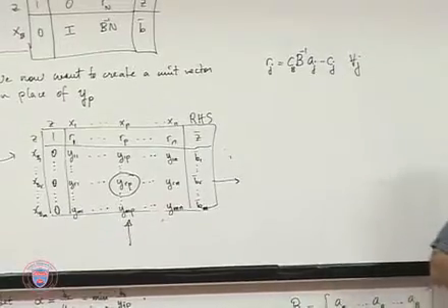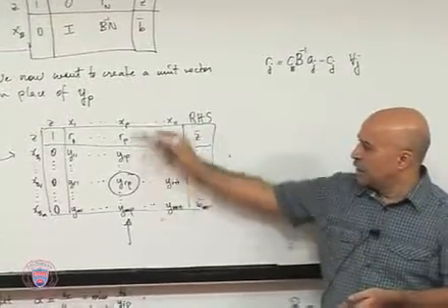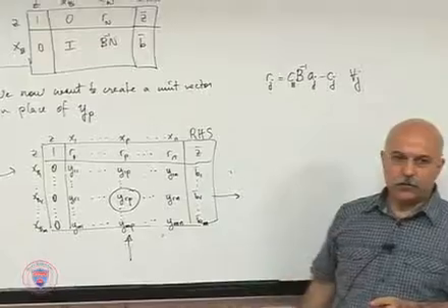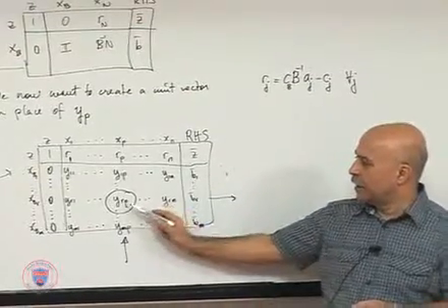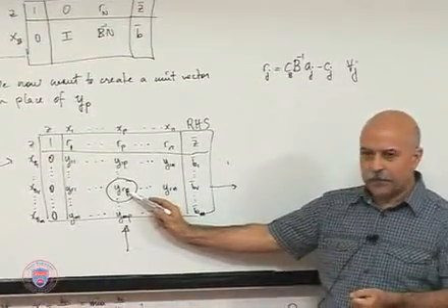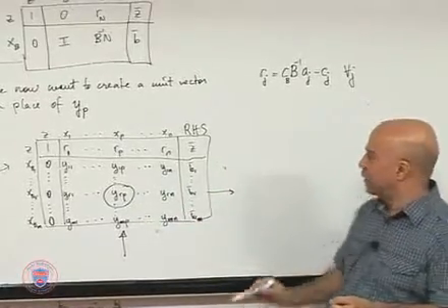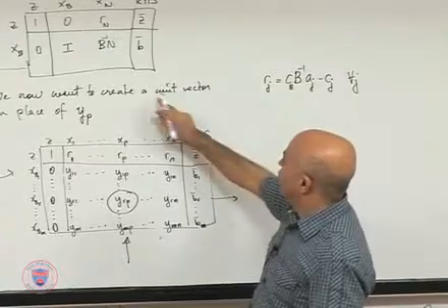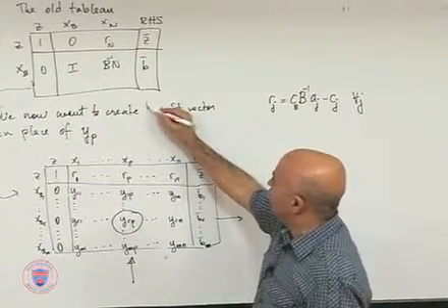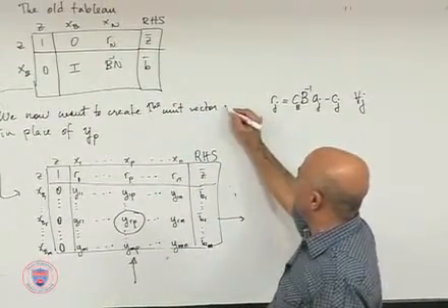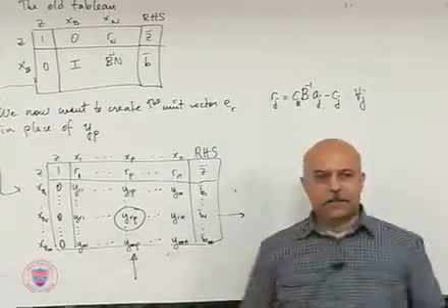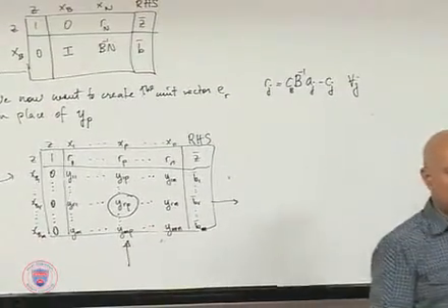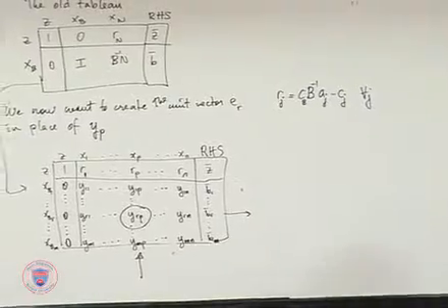So you want to create a unit vector here. Which unit vector? The one that has a 1 in the rth position and zeros elsewhere. Instead of saying a unit vector, we say the unit vector, ER. ER is the unit vector that has a 1 in the rth position, 0 elsewhere. Okay?